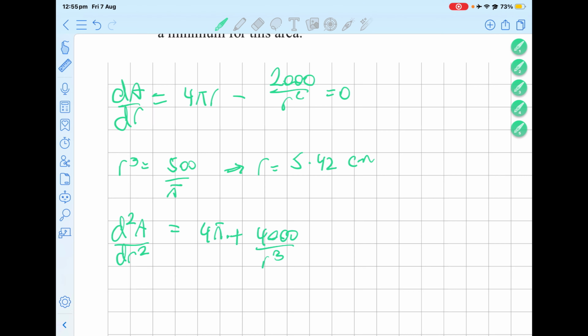So r cubed is 500 over pi, and if you do 4000 over that, that's 8 pi, and then 8 pi plus 4 pi is 12 pi, and 12 pi is indeed greater than 0, so it is a minimum. So this is the answer, and this is the proof.